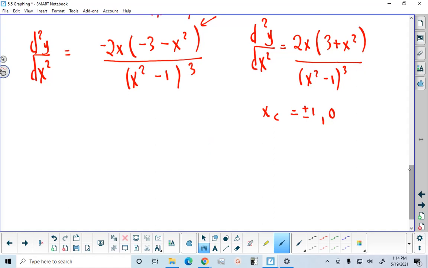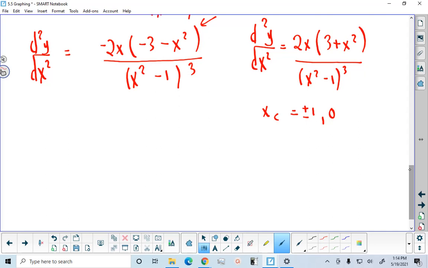Again, though, everybody, if you have vertical asymptotes at x equals 1 and negative 1, the function is not defined there, which means the first derivative and the second derivative will both be undefined there.